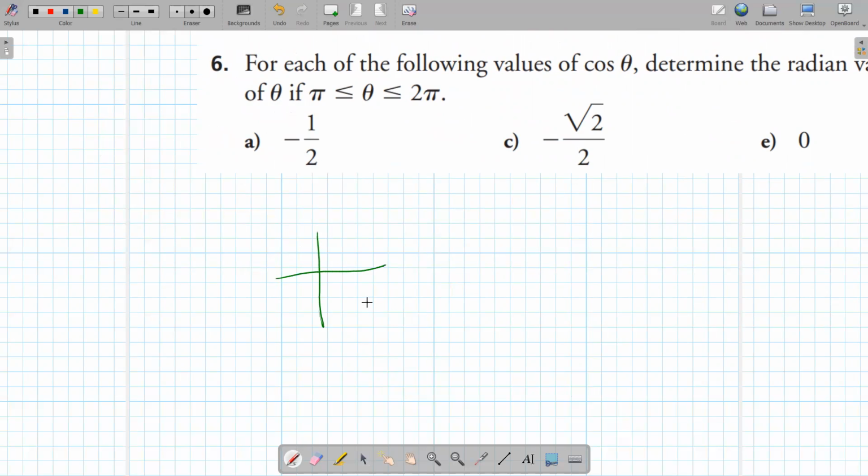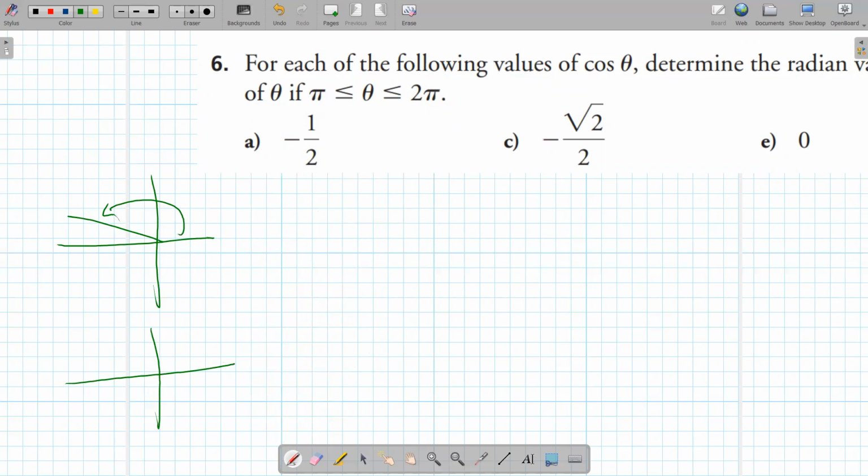Cosine is positive in quadrants 1 and 4, but cosine is negative in 2 and 3. This is a negative ratio, so there's going to be 2 different angles. One is going to be in quadrant 2, this angle, and the other is in quadrant 3, this angle.